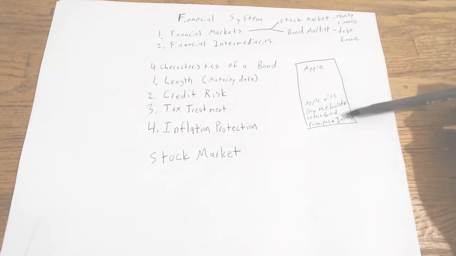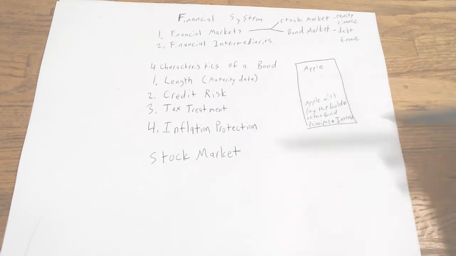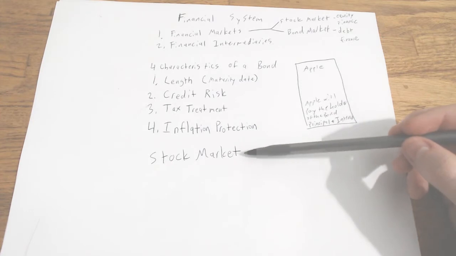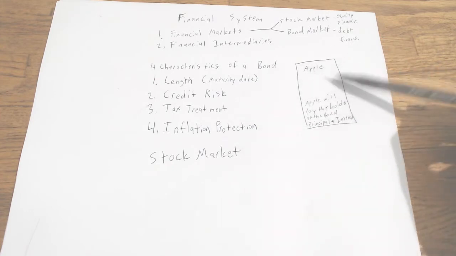So a bondholder will only get the principal plus the interest, but if you have a share of a stock and the company does extremely well, you might have a higher return than a bond. So you don't really know exactly what you'll get from holding a stock, but you'll know what you'll get from holding a bond.